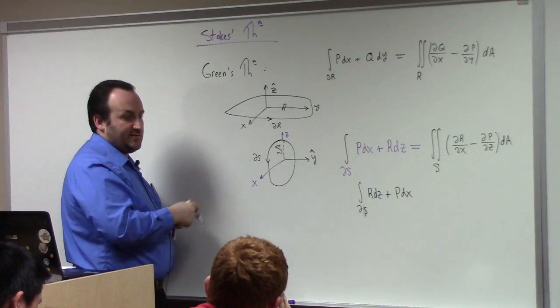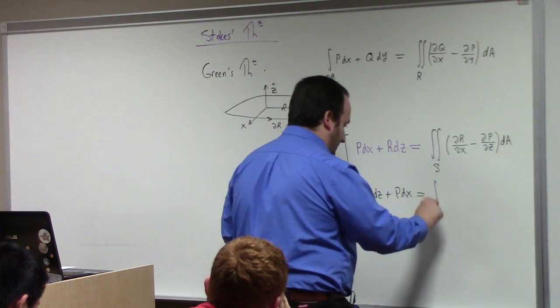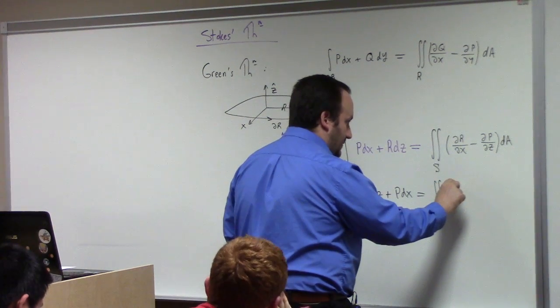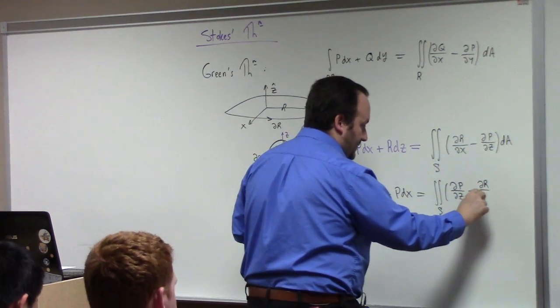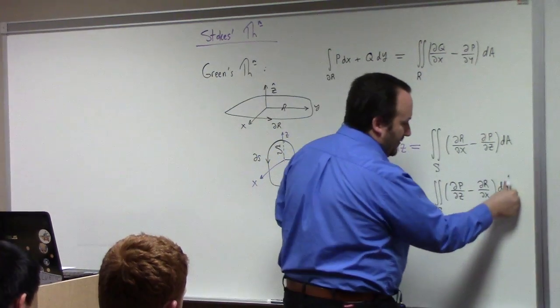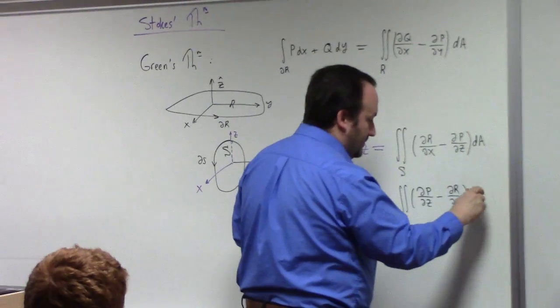Right, z cross x. So I should put the z first and the x second. So this is actually going to be partial P partial z minus partial R partial x. That would be what Green's theorem looked like. And this dA would be dx dz.